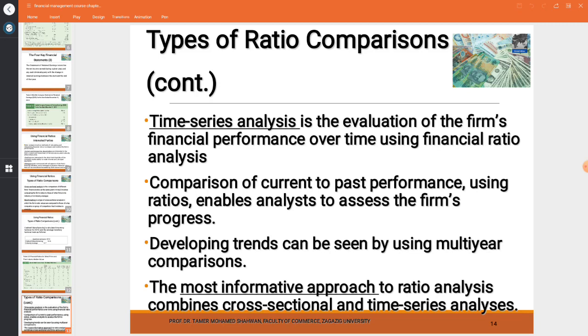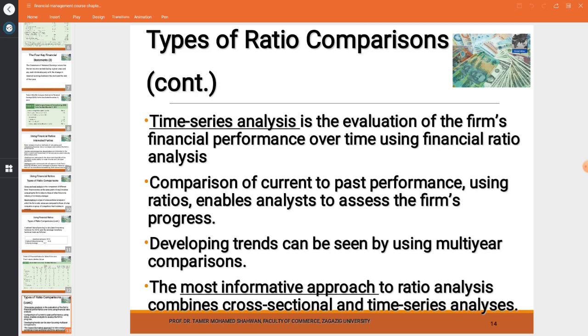Also, by assessing such progress, you will be able to determine the shape of the trend in this progress, whether we have a positive trend or a negative trend.